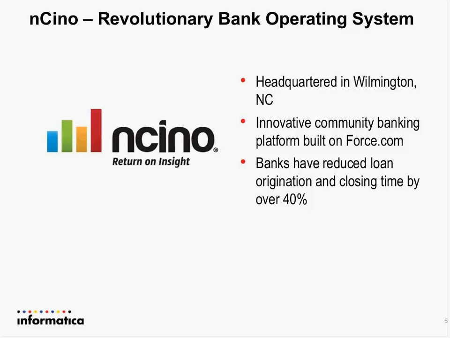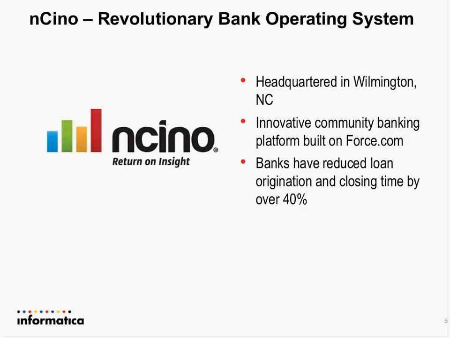Encino is actually an application that is built completely on the Force.com platform, so that connectivity problem doesn't actually exist. They're an application that serves a lot of the community banks within America. They're headquartered on the East Coast in Wilmington, North Carolina, and there are a lot of community banks in that area.